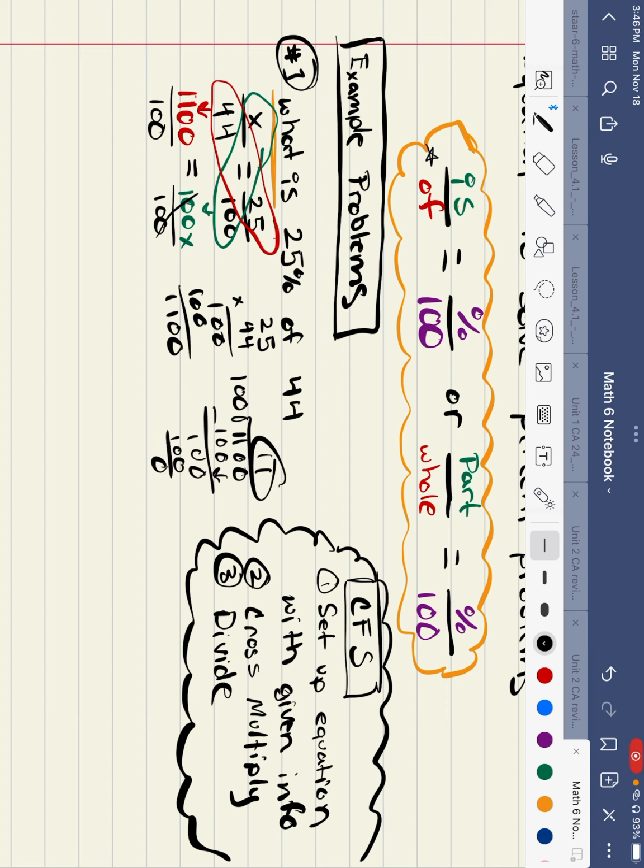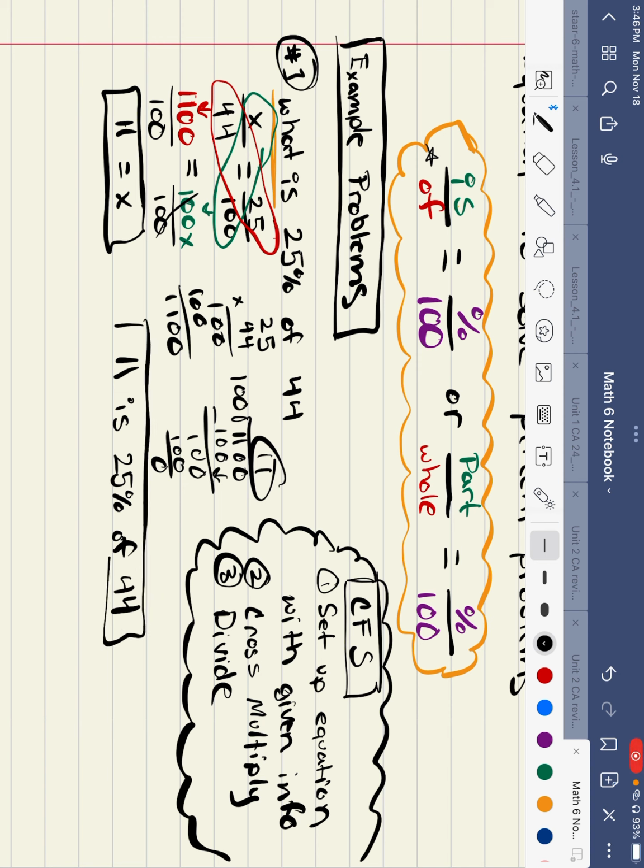So this tells me that my x is equal to 11. If we were to rewrite this sentence again, we could write it as 11 is 25% of 44. Okay, and that's how we work those out.